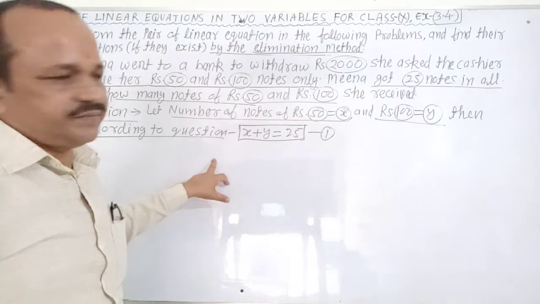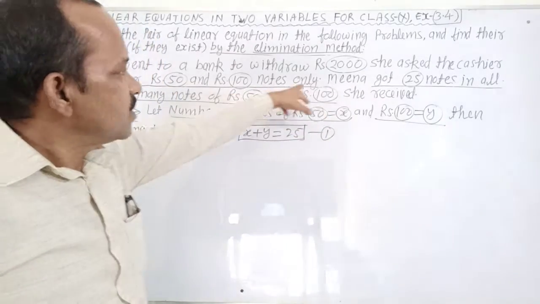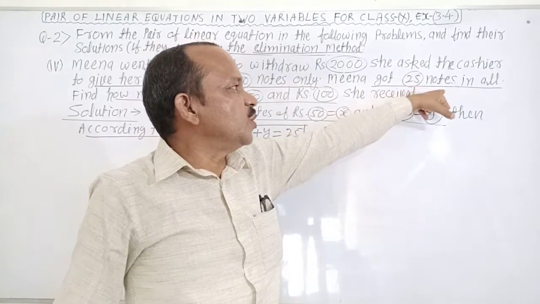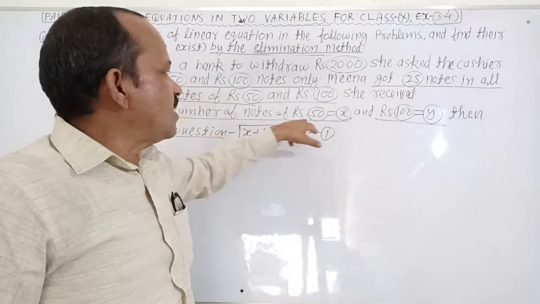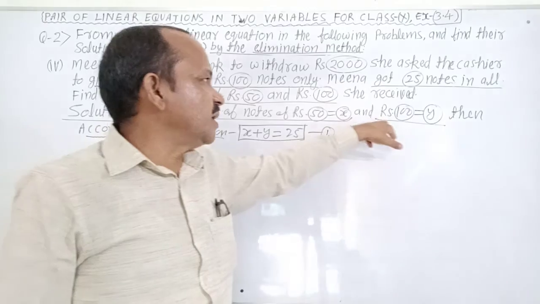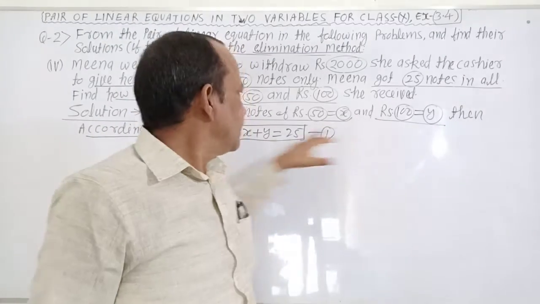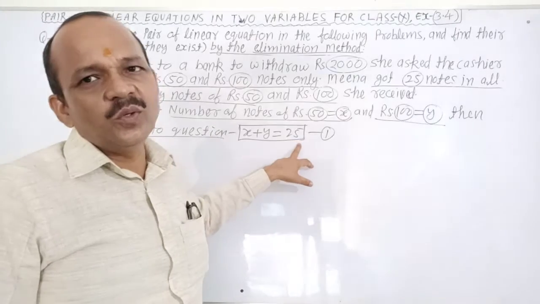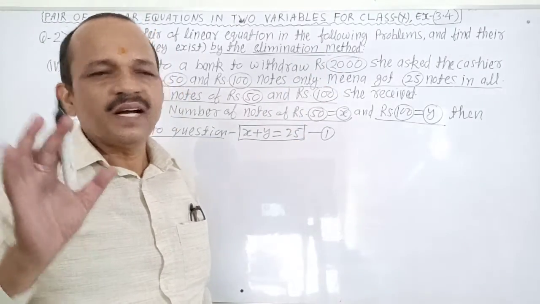Here, Meena got 25 notes in all. Number of notes of Rs 50 equal to x, number of notes of Rs 100 equal to y. Then x plus y equal to 25.